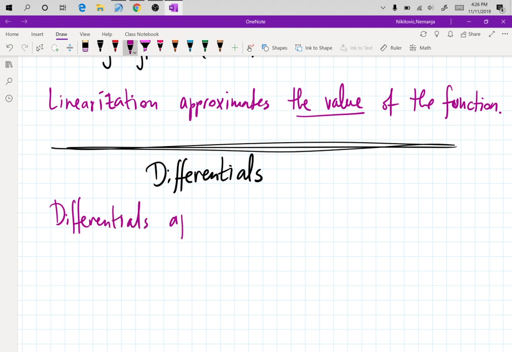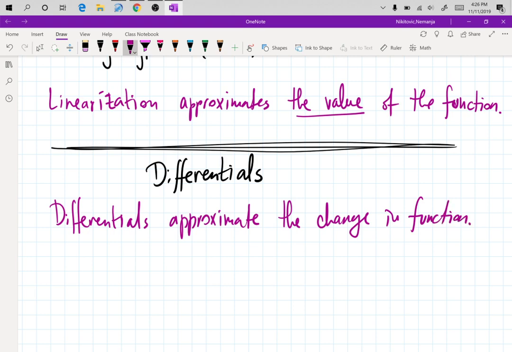Differentials approximate the change in function. So it's different. It is not computing the value, it's computing change.